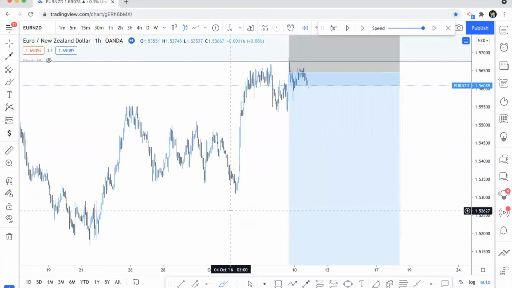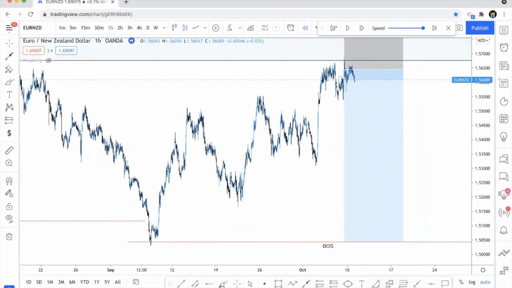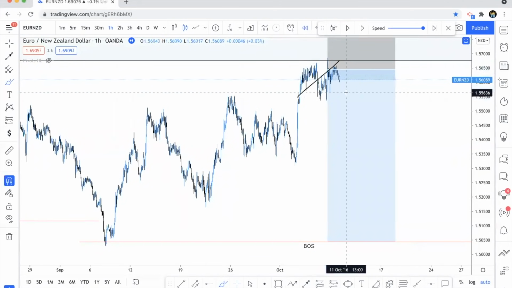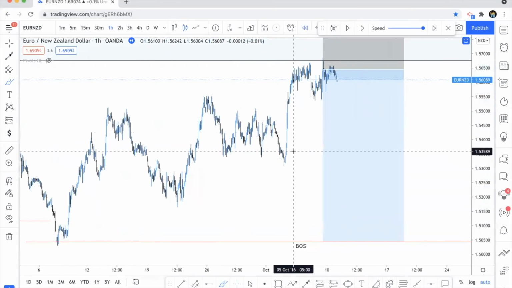This is bad, because right now you're sitting in a bad position. No order block is guaranteed to take price down, and this is why we have to be precautious.